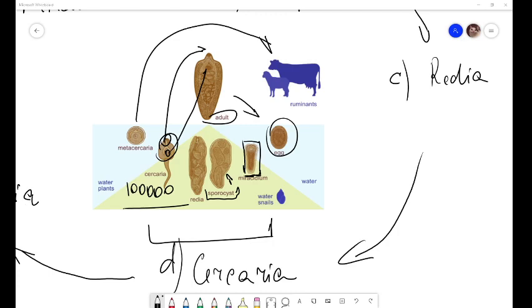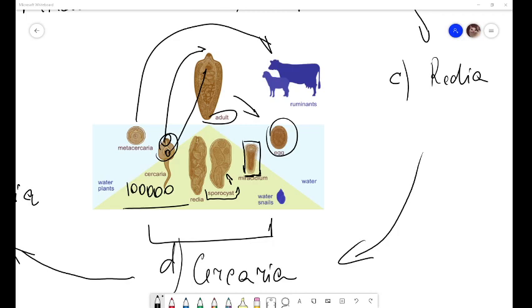It can produce a lot of larvae to increase the chance of getting to a final host.